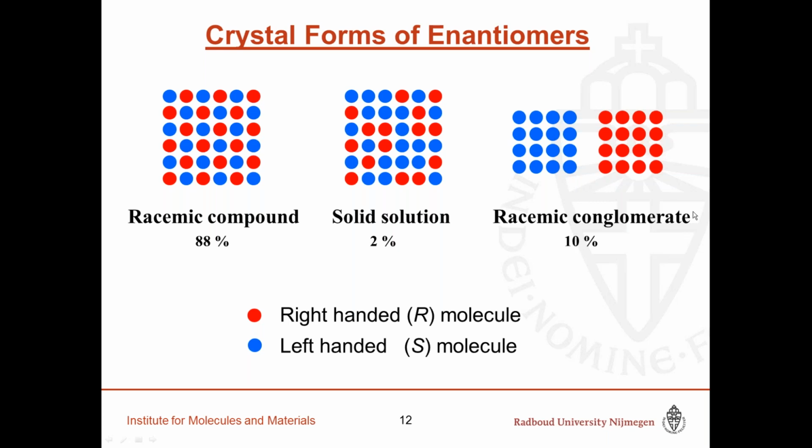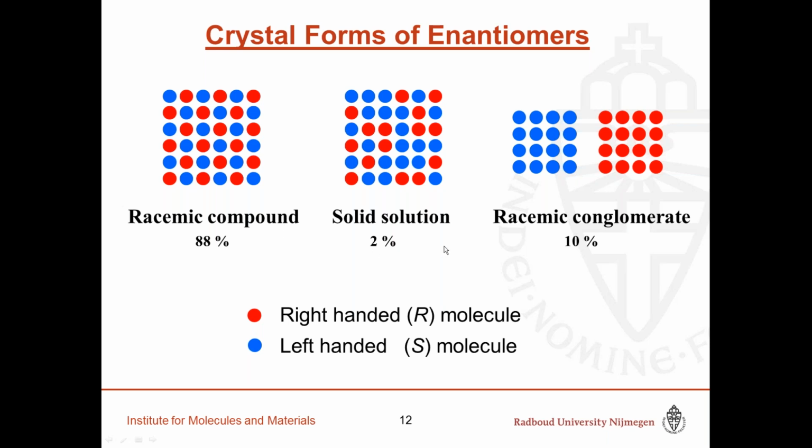They form a racemic conglomerate, so separate left-handed and right-handed crystals. While the majority, some 90%, forms a racemic compound. And that means that within the unit cell of the crystal, you will find both enantiomers present. Then there's a small fraction which forms a solid solution, which is more or less the same as a racemic compound, but then the structure is not so ordered in terms of left-handed and right-handed molecules. Therefore, we call this a solid solution.